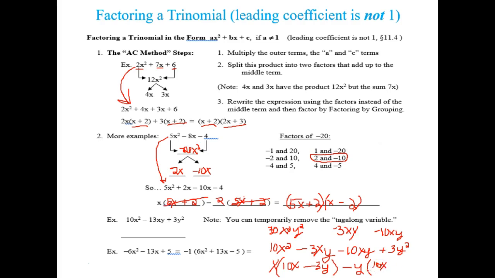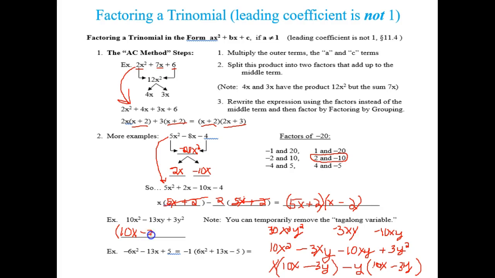And then if I divide 3y squared by negative y, you'd have negative 3y left over. Right? So as you can see, you have the common binomial, 10x minus 3y, that you can pull out of each thing.